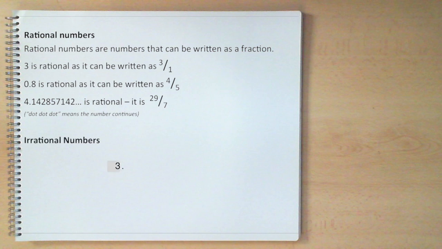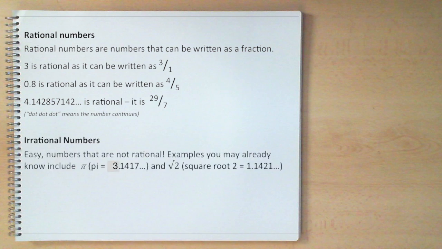It shouldn't surprise you to find out that if there are things called rational numbers, then there are things called irrational numbers. So irrational numbers are numbers that are not rational. If you cannot write the number down as a fraction, then it's irrational. So examples are pi, which we use in the calculation of the circumference and area of circles, and pi is 3.1417 and so on.